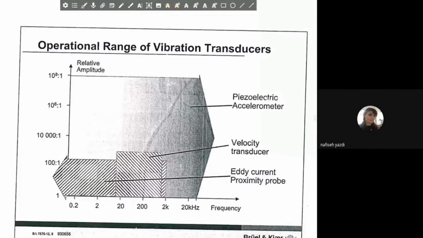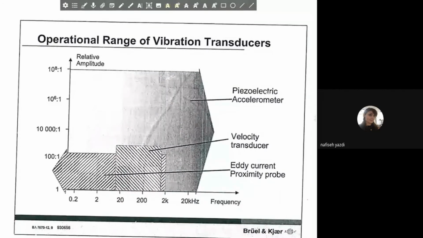Operational range. As we can see, according to the different operating frequency, we have a different transducer that we can use. Generally speaking, in a low frequency range, the PZT accelerometer is not that good.